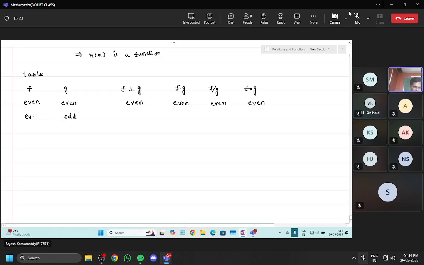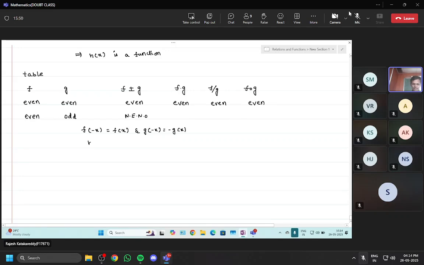So one even, one odd, if we are taking the sum or the difference, we will say it is neither even nor odd. NENO, the shortcut I am using. You can take, for example, f of minus x is equals to f of x and g of minus x is equals minus g of x.